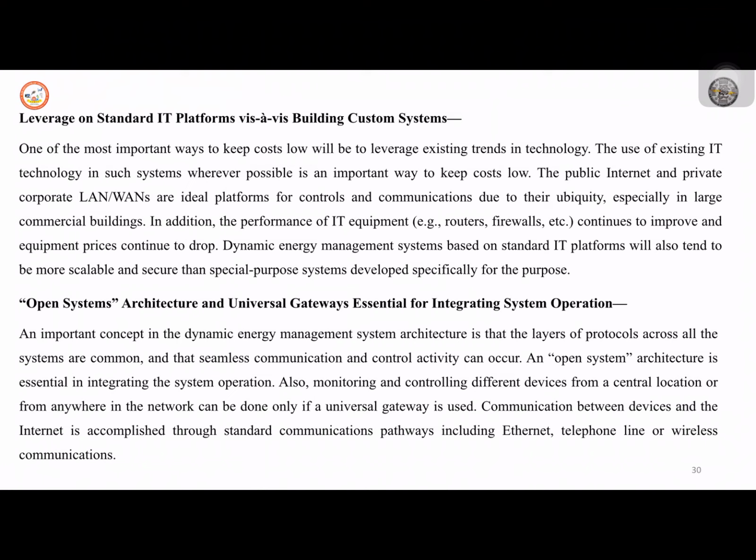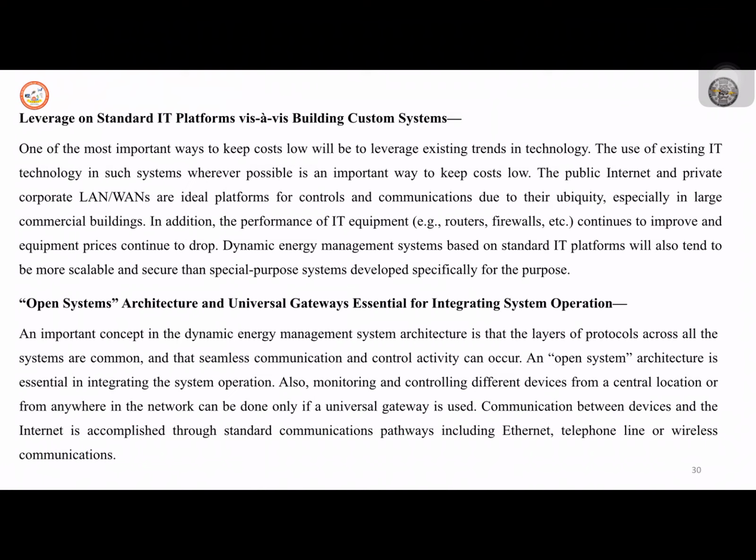The public internet and the private corporate LAN and WAN are ideal platforms for controls and communications due to their ubiquity, especially in large commercial buildings. In addition, the performance of IT equipment like routers and firewalls continues to improve, and equipment prices continue to drop.